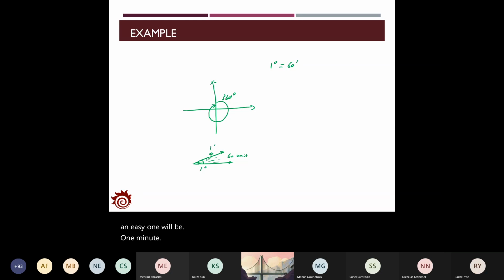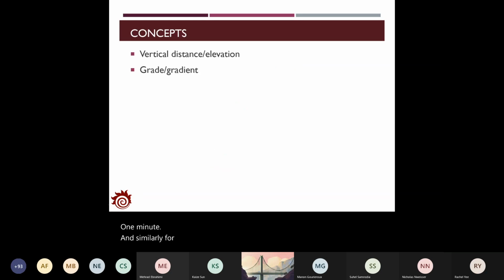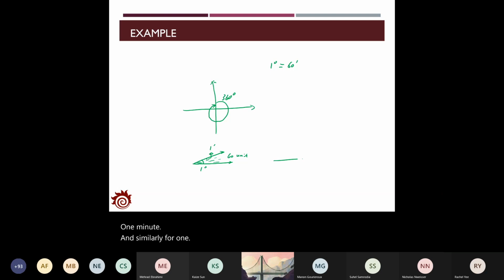Similarly, if this is 1 minute, you can divide it into 60 units evenly, and each one is 1 second. So here, minutes and seconds are units for the angle, not for time.